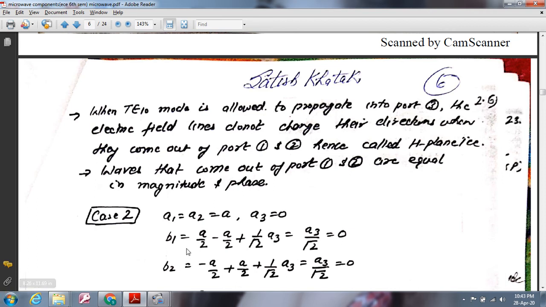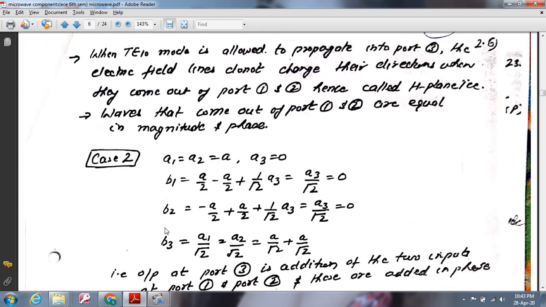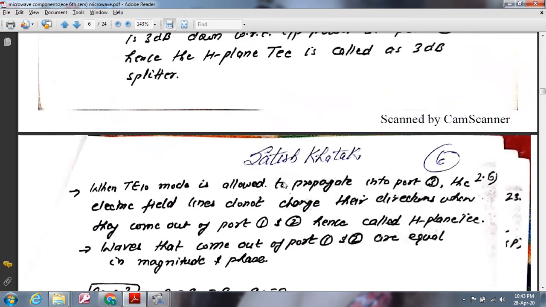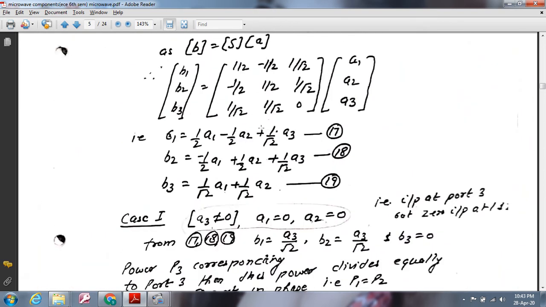Now we consider the second case, that is A1 equals A2 equals A. Now we have input at terminals 1 and 2, and that input is equal, that is A, and A3 is 0. In this case we are not considering any input at port number 3, that is why A3 equals 0. Again, these are equations 17, 18, 19.